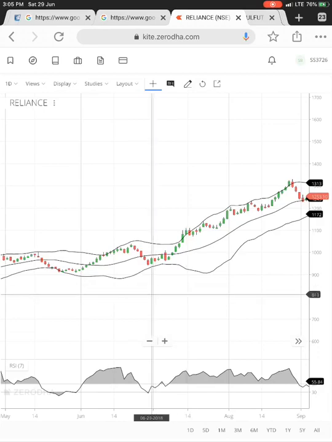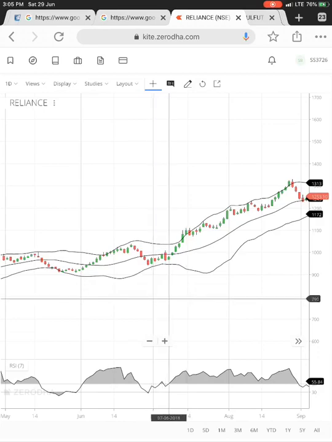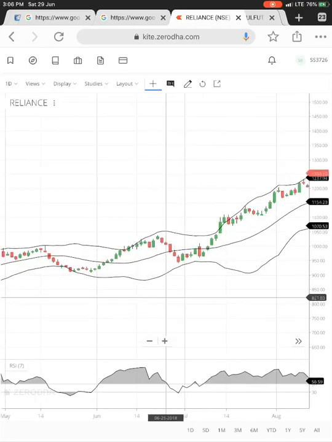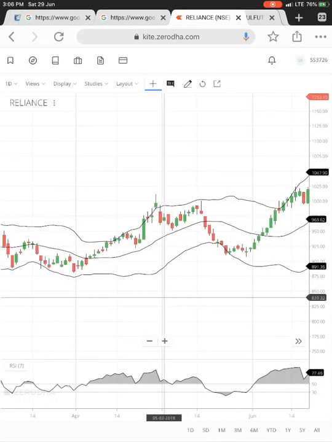And here is a harami pattern, in which the body of the second candle lies within the body of the first candle. After a bearish candle, there is a bullish candle, so this is a bullish harami type of candle.